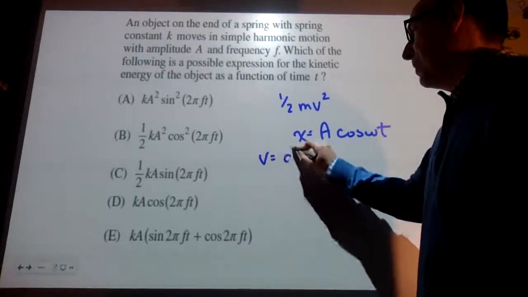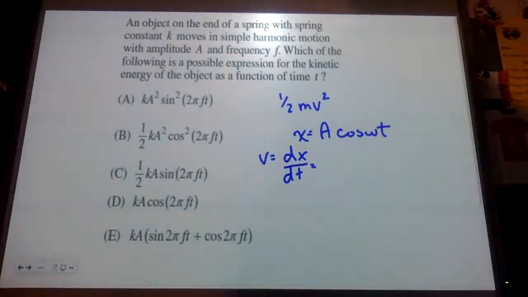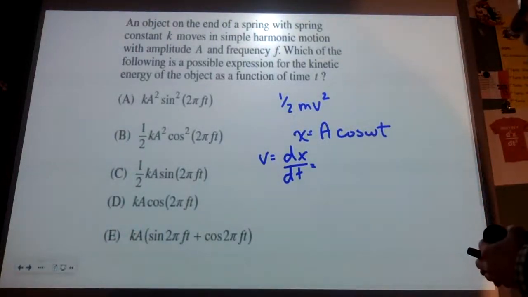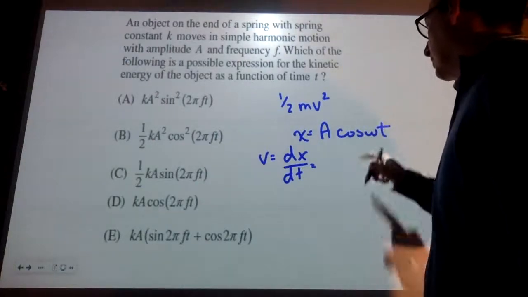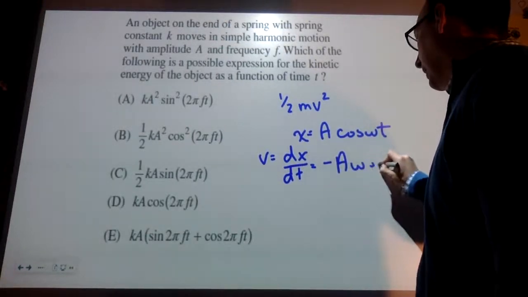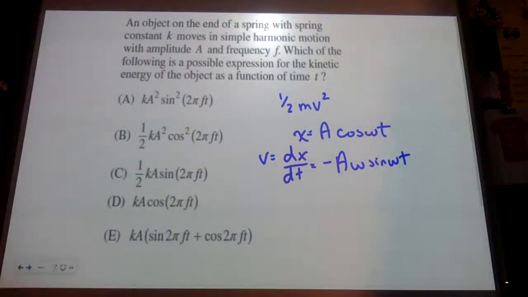So v would be equal to dx/dt. And this would be negative A omega sine omega t.